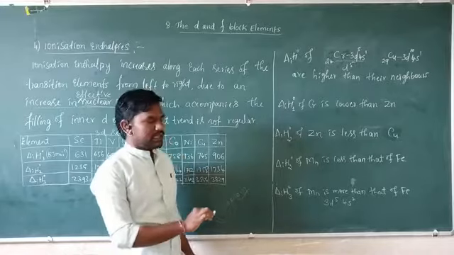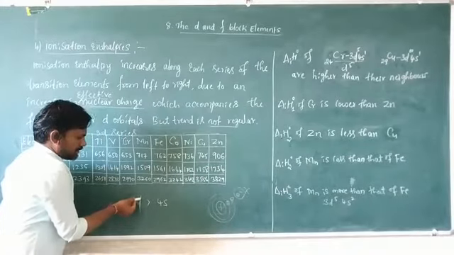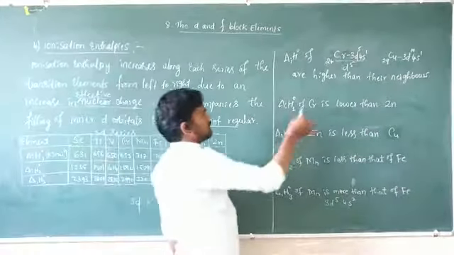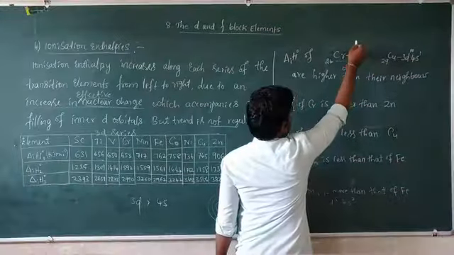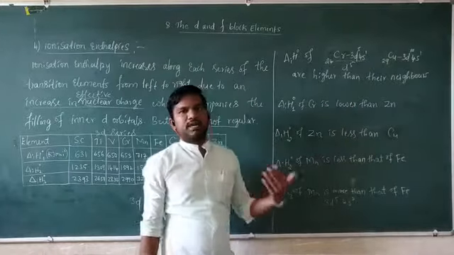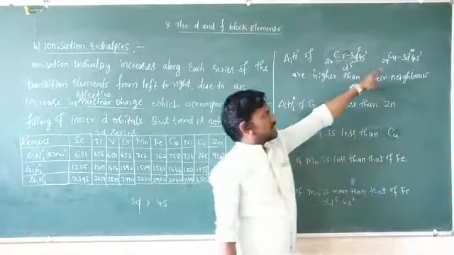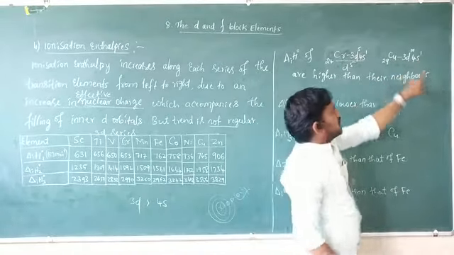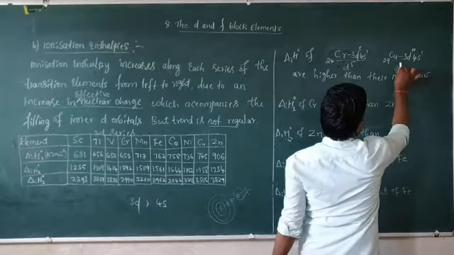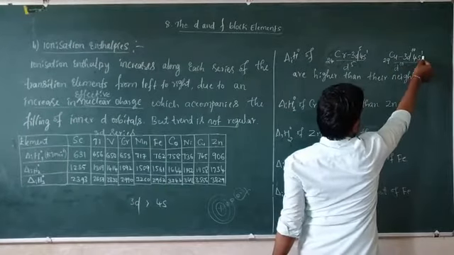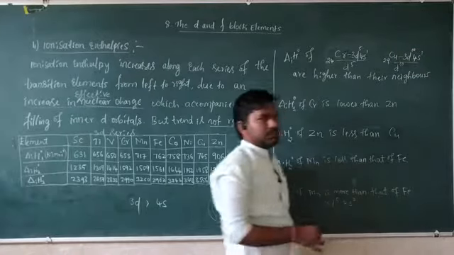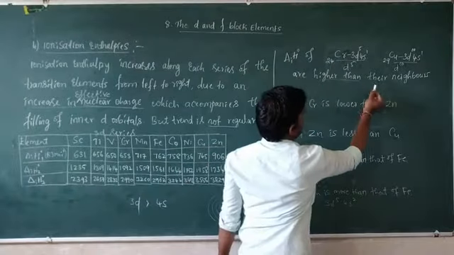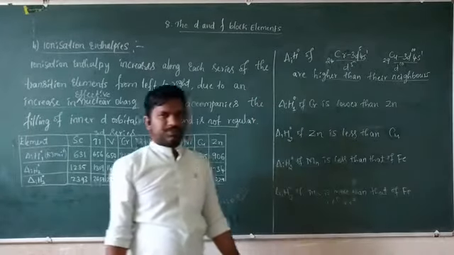Due to the extra stability of the half-filled 3d, one electron jumps from the s orbital to the d orbital and forms the d5 configuration. In copper, atomic number 29, it forms the completely filled d10 orbital. One electron jumps from the s orbital to the d orbital, so they are higher than their neighbors.